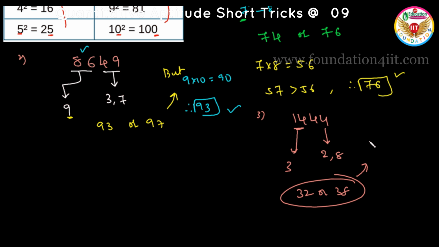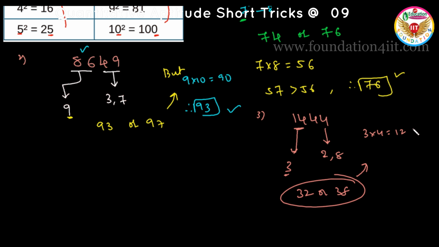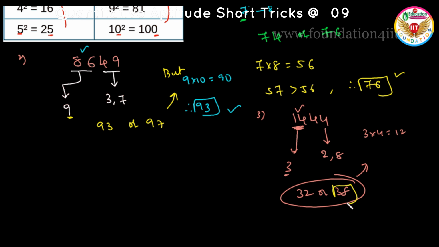Multiply 3 by 4 to get 12. 12 is less than 14, so the bigger answer is right. Therefore the answer is 38.